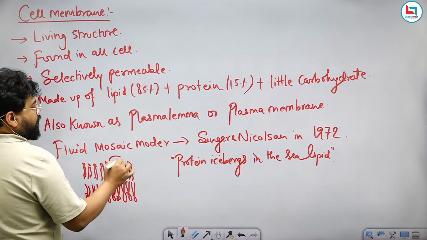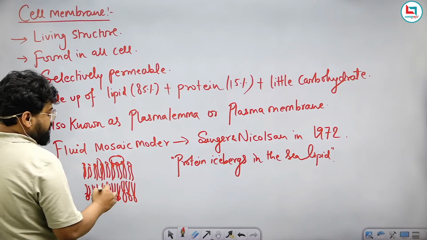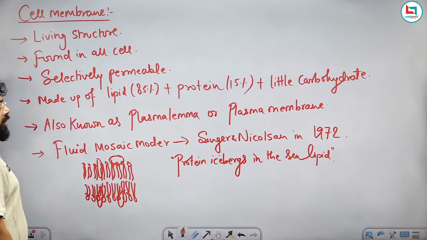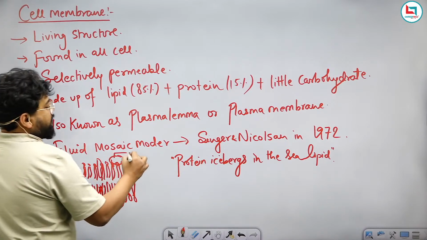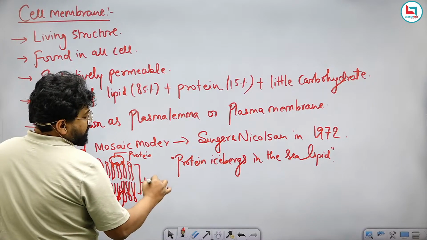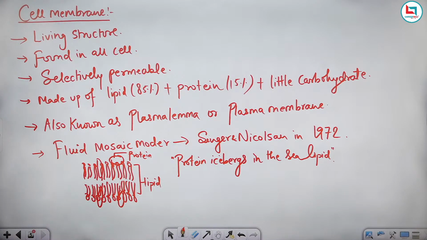And on these lipids, there are submerged protein particles, which are working as an iceberg. These are the protein particles and these are lipids. So these are serving as protein icebergs in the sea of lipid.